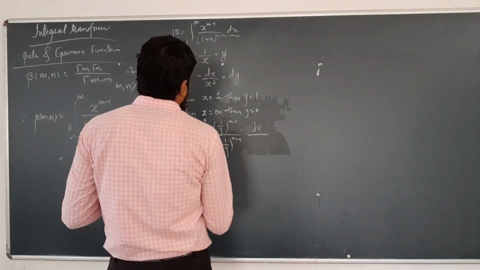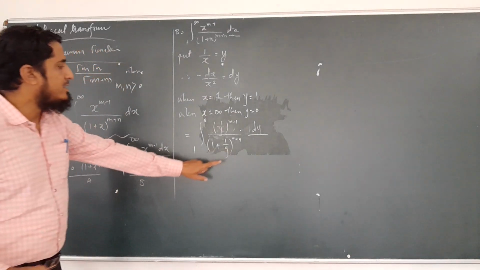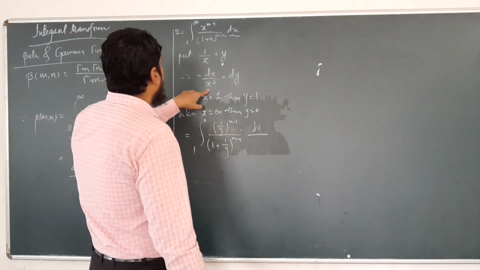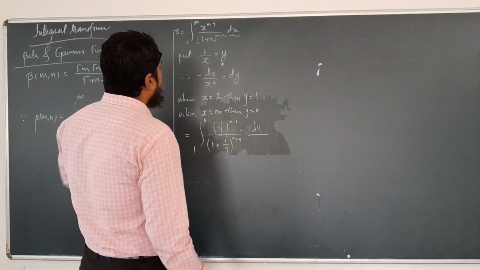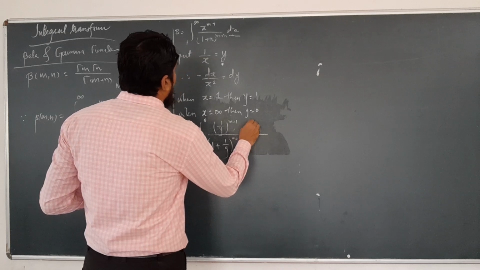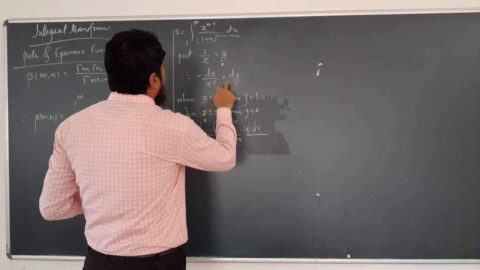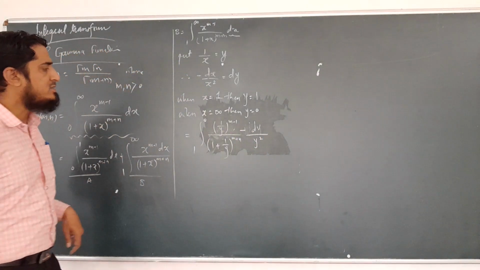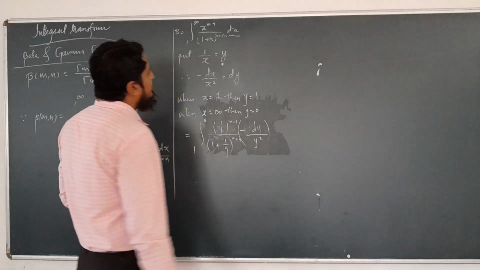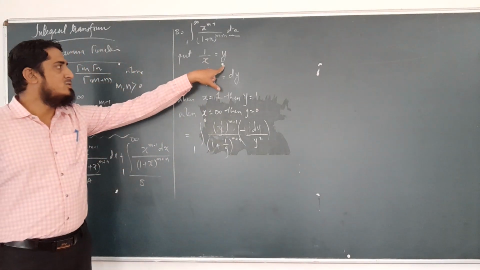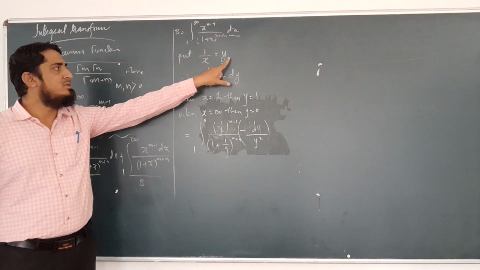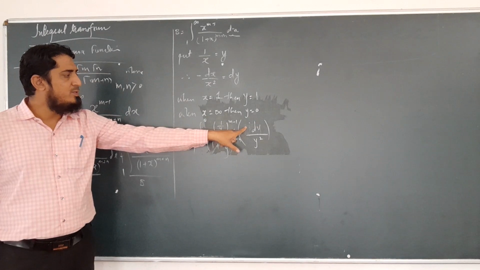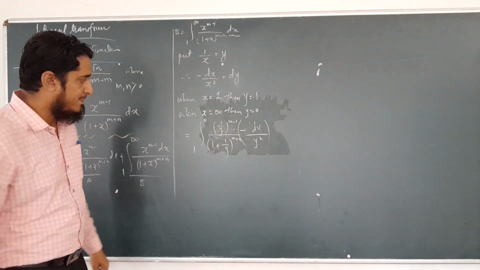Since 1 upon x is equal to y, so 1 upon x square becomes y square, and we are getting x square here. We can write it as 1 upon y square.